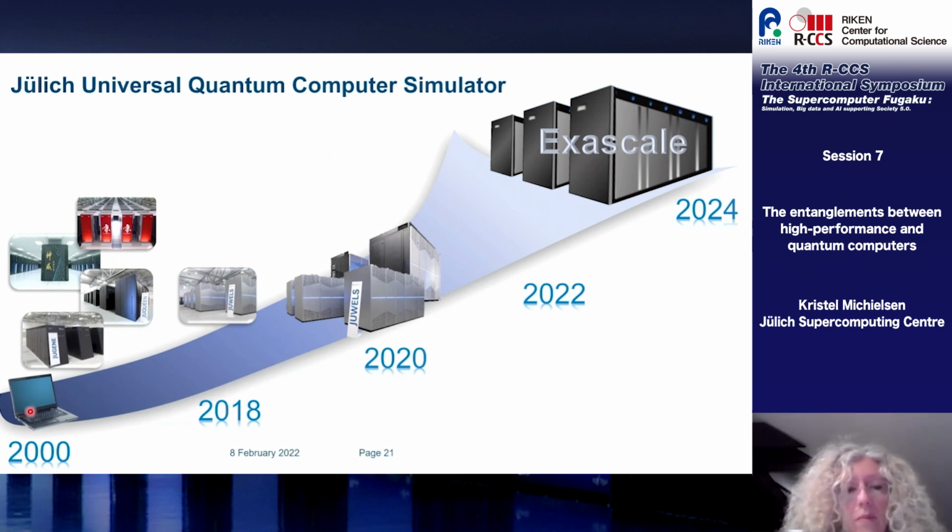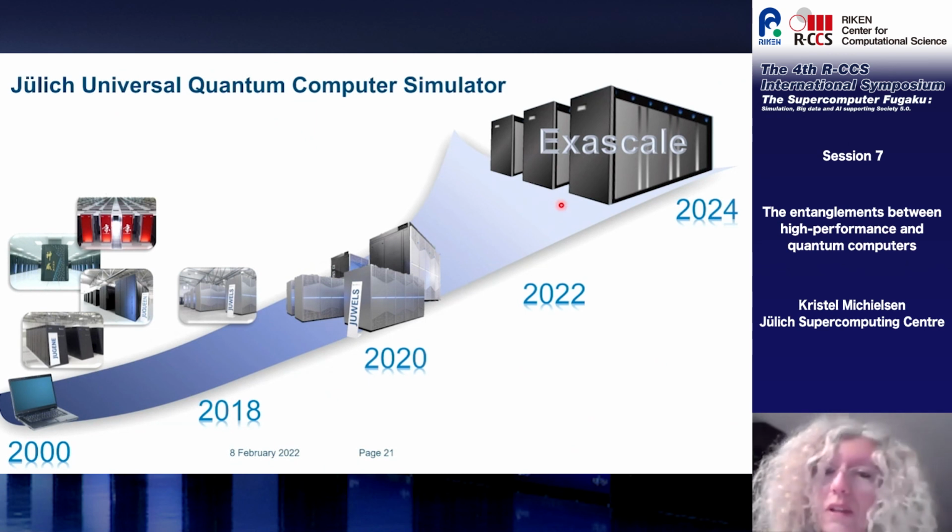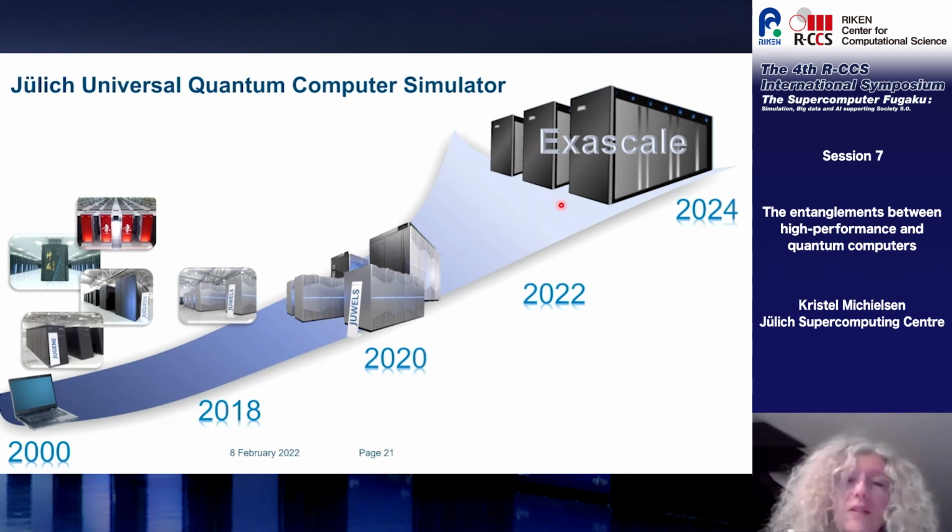Our plan is to do these simulations on always bigger conventional computers. The final goal is to perform these simulations on an exascale machine, which hopefully we can install and operate in Jülich in 2024.